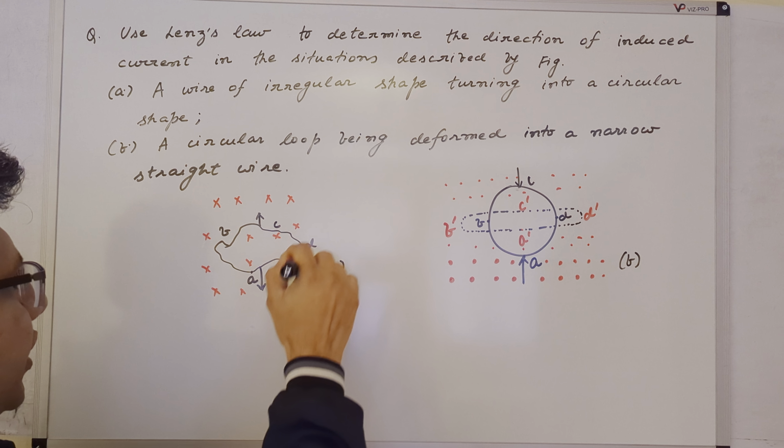It means that the direction should be anti-clockwise, because when it is anti-clockwise, the direction of field due to this induced current is opposite to the increase, which is into the plane of the board. So the induced current creates a field which opposes the increase in flux. So this is the direction for the first case, anti-clockwise.